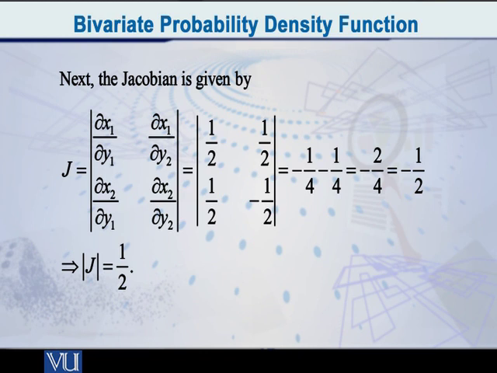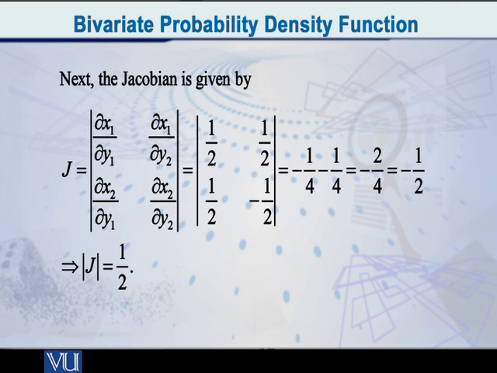Partial derivatives of x1 and x2 with respect to y1 and y2. So now take these derivatives. Partial x1 by partial y1 is equal to half. Partial x1 by partial y2 is also half. Partial x2 by partial y1 is also equal to half. But partial x2 by partial y2 is equal to minus 1 by 2.